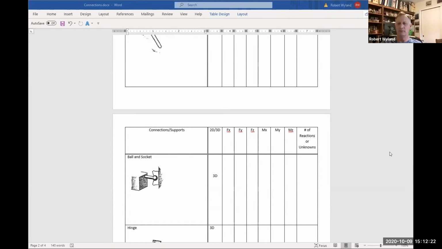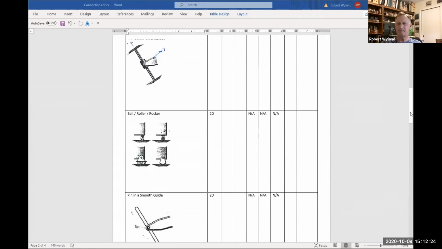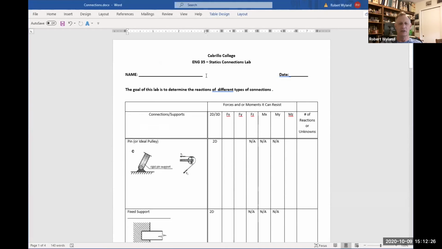This is the Word document. What we're going to do is you can put your name in there, and today's date. And we're going to fill in these columns for each of these types right here. So there's 13 of these boxes, 13 rows. The first column is the type of connection we're looking at. The second one is whether it's going to be done in 2D or 3D.